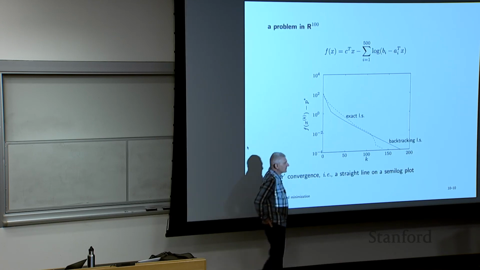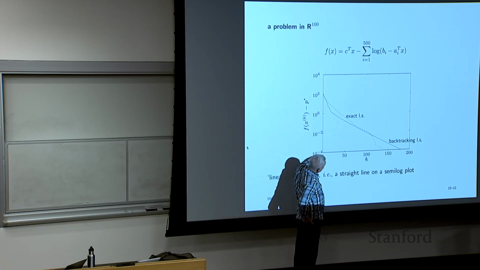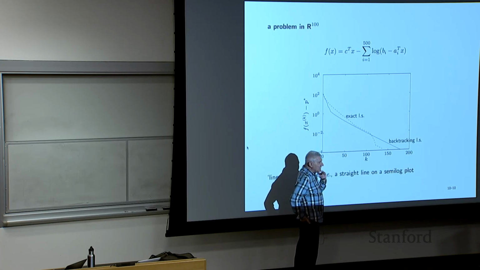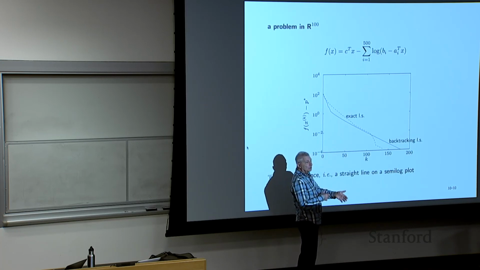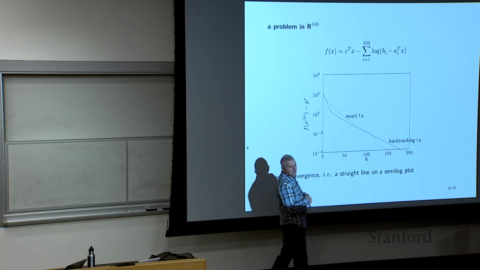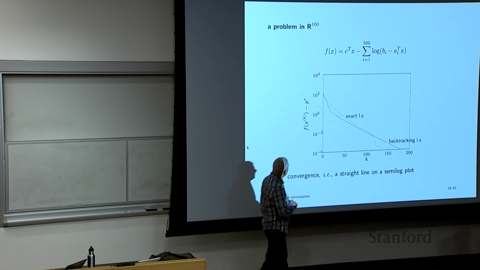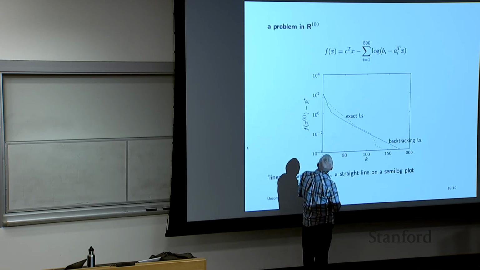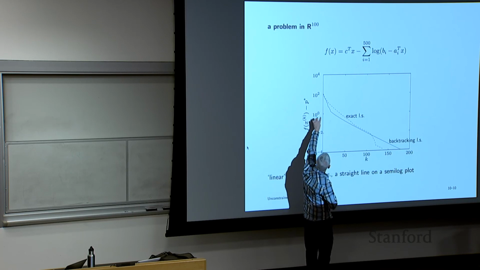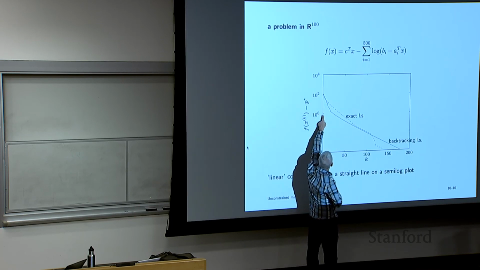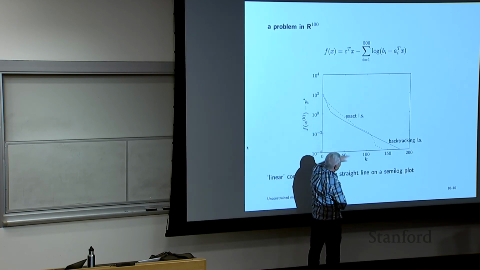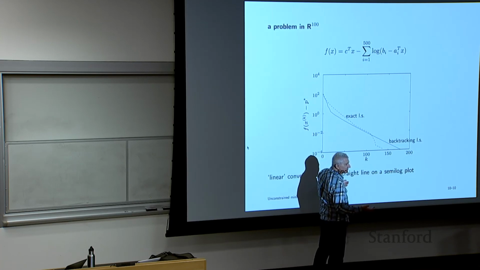Because this is a log plot, what linear convergence here means is that each iteration reduces the error by some factor. It's pretty small, frankly, but we could work out what it is. Let's say to go from 1 to 10 to the minus 4 took you 170 iterations.